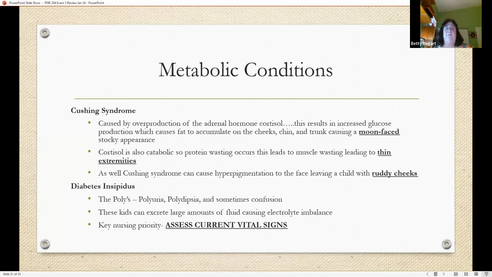Diabetes insipidus has nothing to do with blood sugars. But look, it's two of the P's: polyuria, polydipsia. Now, nothing to do with being hungry, nothing to do with blood sugars. It's the pituitary gland that secretes too much diuretic hormone. And you're urinating. Well, what happens when you lose a lot of fluids?